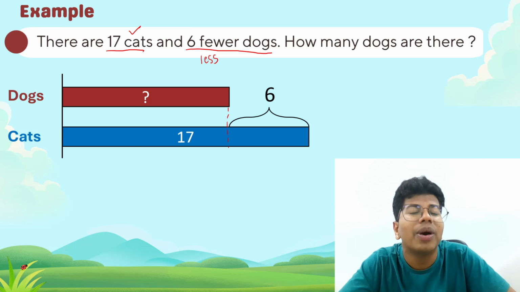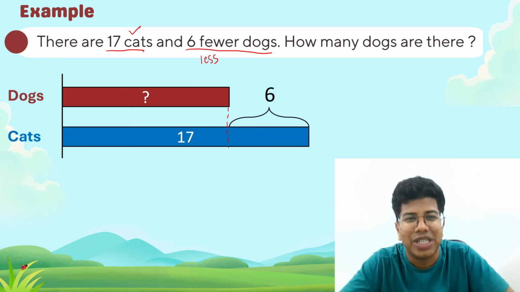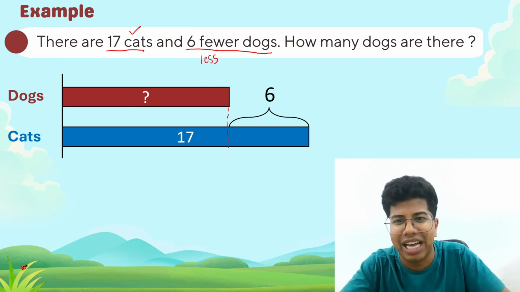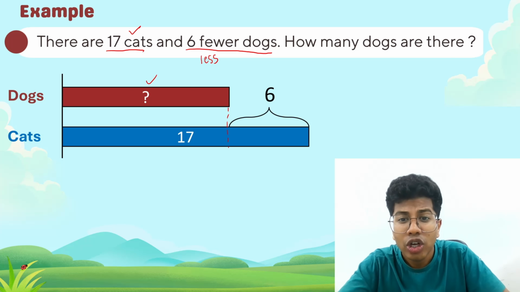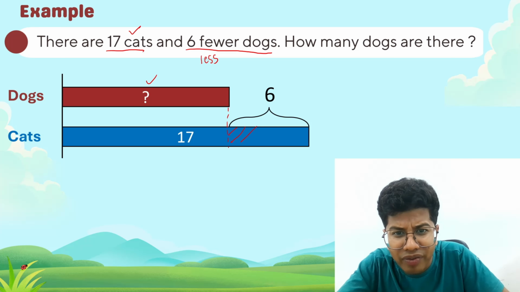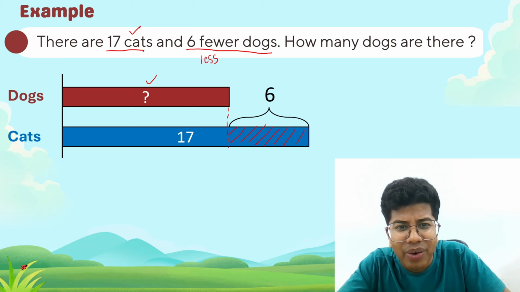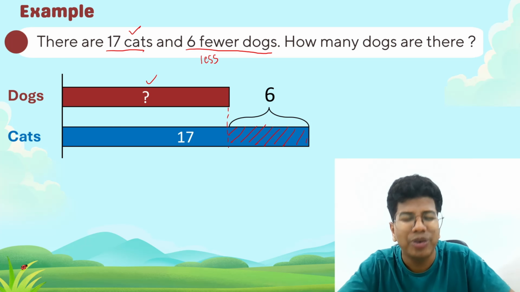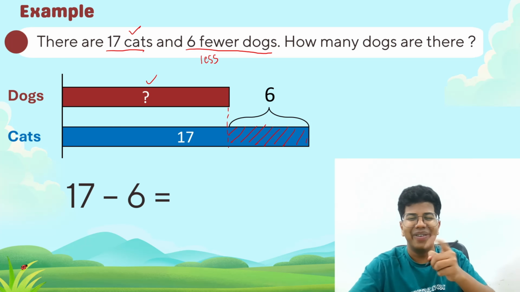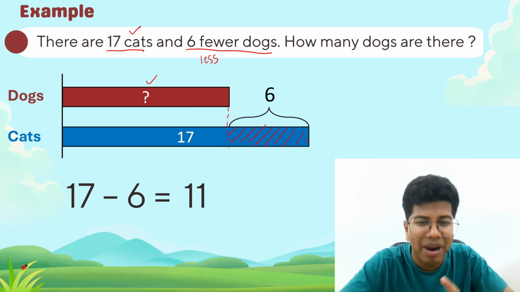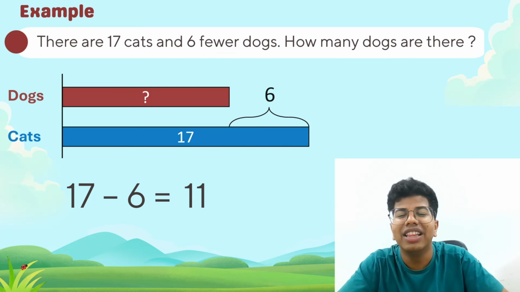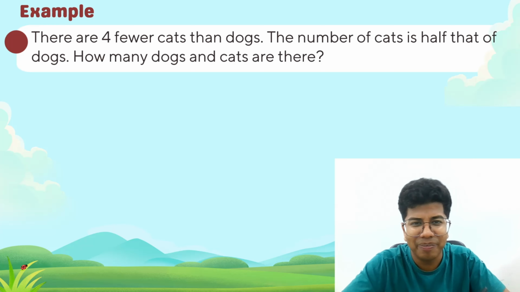So the six fewer belongs here. Now the question is asking how many dogs are there. It's asking us this part. So from 17, if I remove this extra part, we can get the number of dogs. And how to remove this? Perfect. 17 minus 6, that is nothing but just 11. So here the final answer is 11.